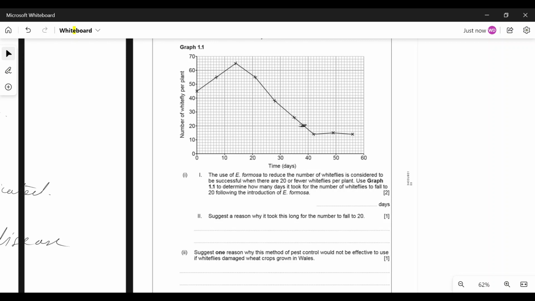Okay, so at day 38 by the looks, that's when it was considered successful.